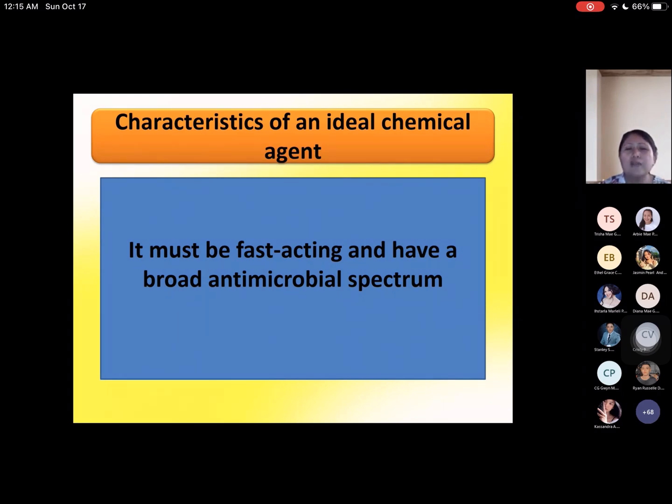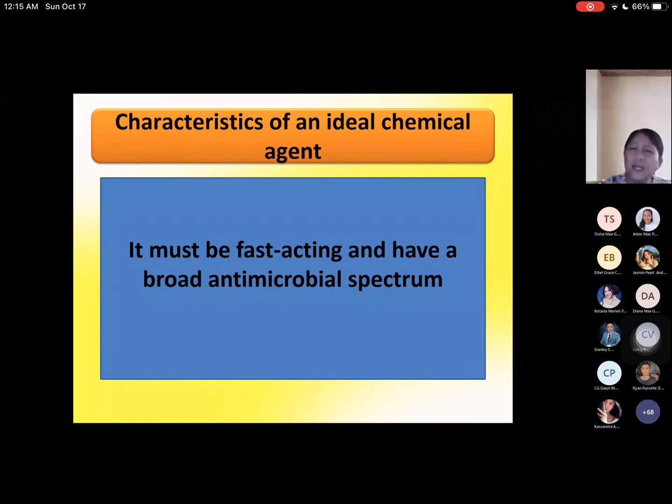When you say fast acting, whether it is a chemical agent or antimicrobial drugs, it should be fast acting. For antimicrobial agents, the antibiotics, it must act easily on the person.